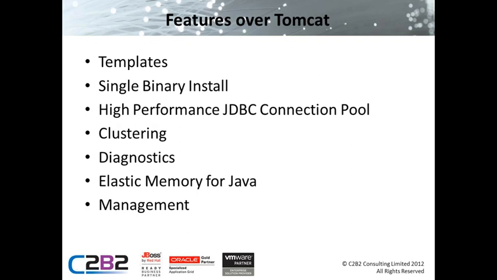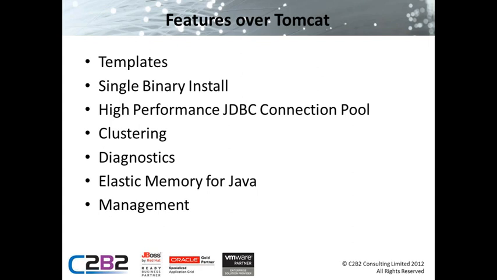So to summarize, some of the key features of tcServer over Tomcat are the templates, the single binary install, and high performance connection pooling. There's also enhanced clustering within tcServer, and there are standard templates built to support clustering, so you don't have to mess around in your server.xml.